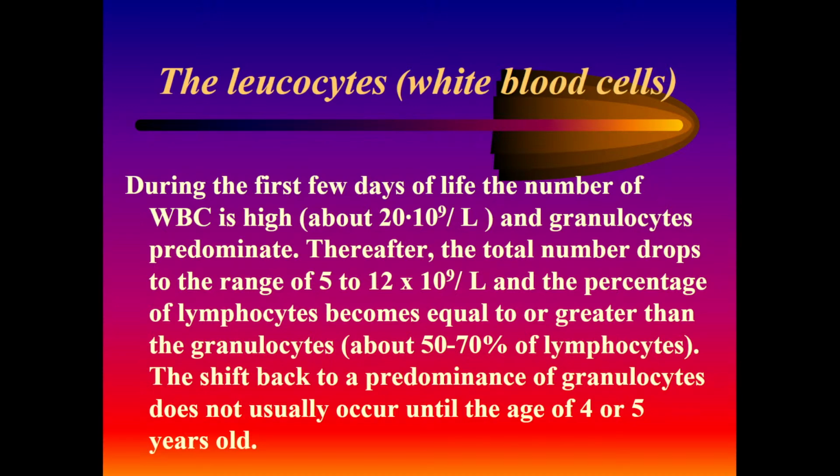The shift back to a predominance of granulocytes does not usually occur until the age of 4 or 5 years old. About this cross between granulocytes and lymphocytes you studied in histology.